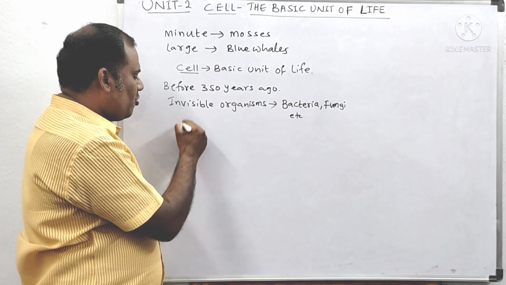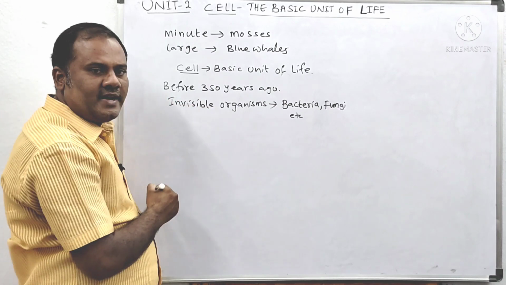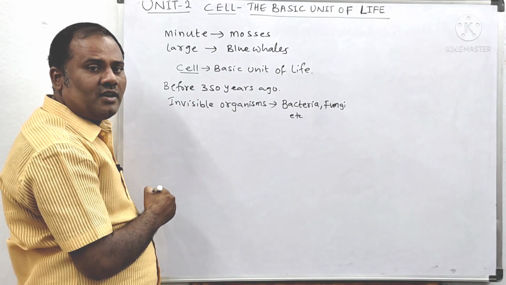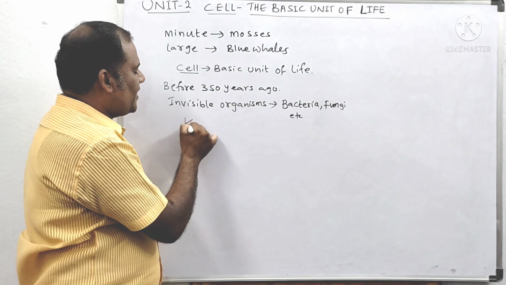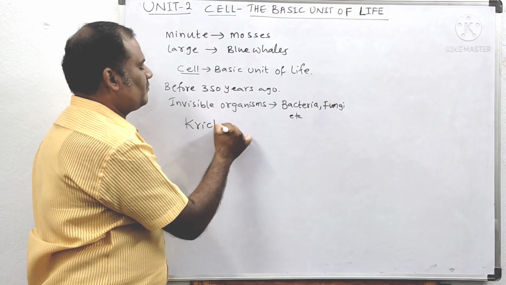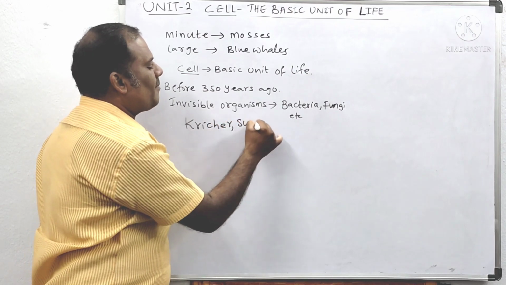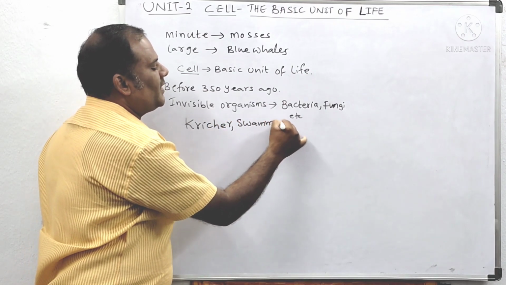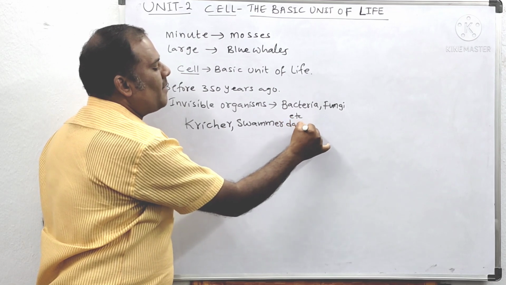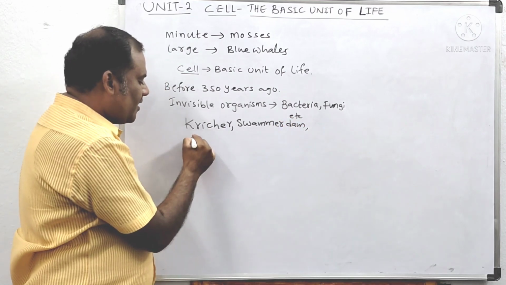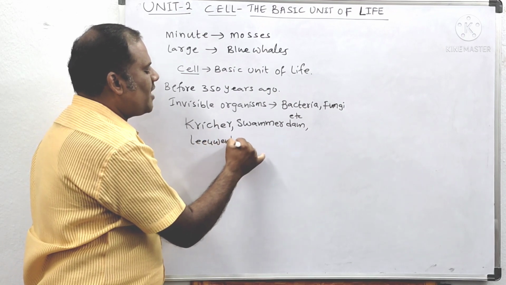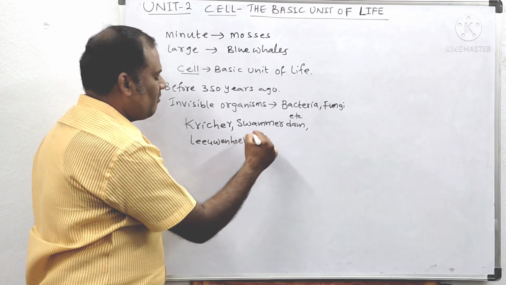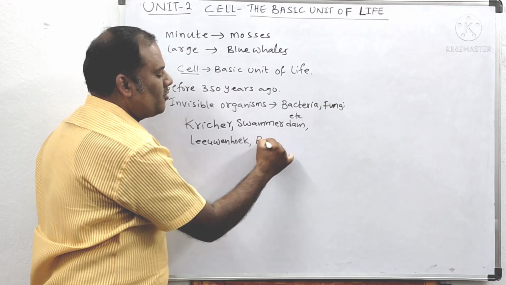If you want to know about the cell, there are some scientists who contributed a lot to the research of the cell. Scientists like Athanasius Kircher, Jan Swammerdam, Antony van Leeuwenhoek, as well as Robert Hooke.